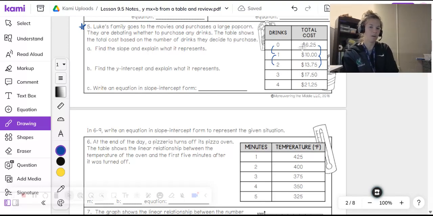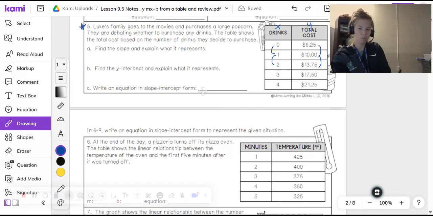So we can determine from this what the cost of the popcorn is, and we can also determine what the cost of each drink is. We've got drinks as x and total cost as y.